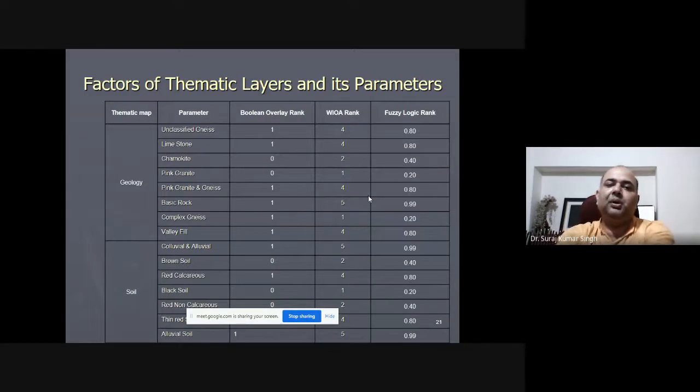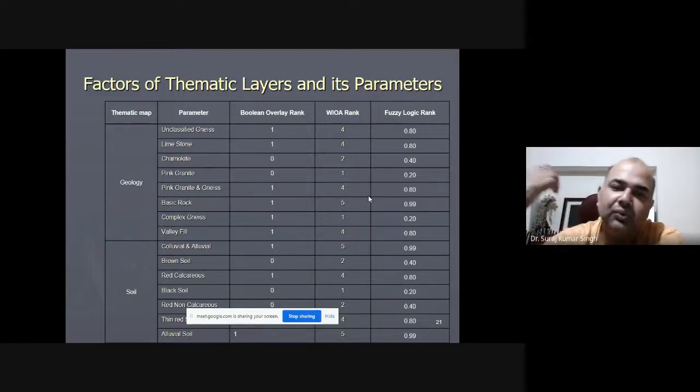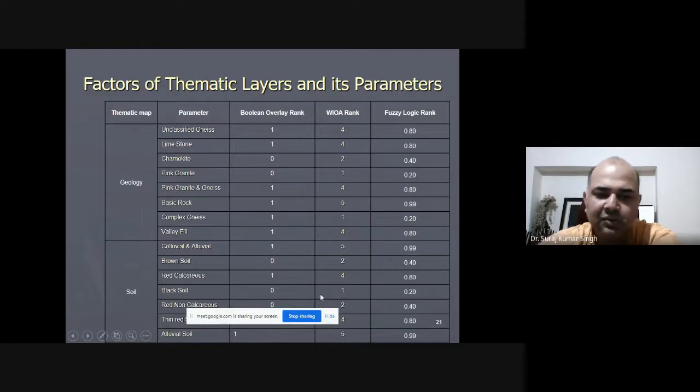Now, upon the weightage, we are providing the individual layer ranks to all the units that we have individually classified in the GIS domain, that you have seen that we have classified. Now we'll be providing those ranks to each and every unit, and finally you'll be providing the fuzzy logic ranks. We'll be doing it statistically, modeling it using GIS and remote sensing techniques, and finally creating the ranks for each and every layer.